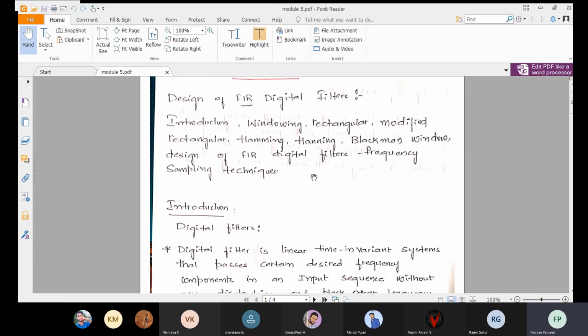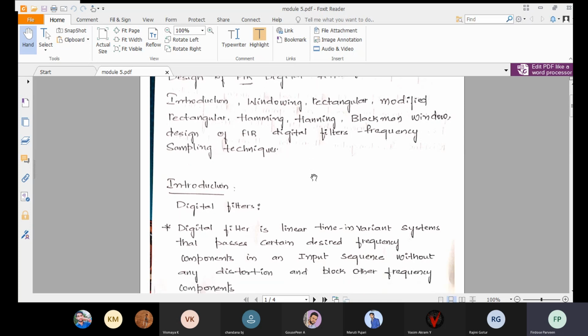This is the first part, and the second part you'll be having realization of FIR systems, that is direct form, cascade form, linear phase form. Okay, so coming to the introduction part.